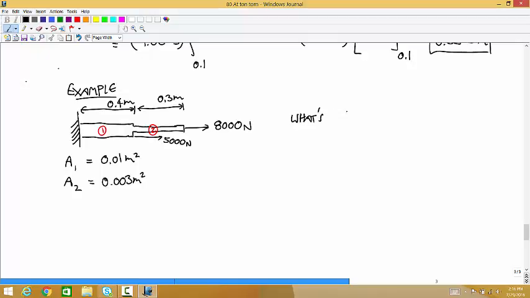We need to know the material too. So say that the Young's modulus is 110 times 10 to the 9th. I forget what metal that is, but that's some kind of metal, copper or something.